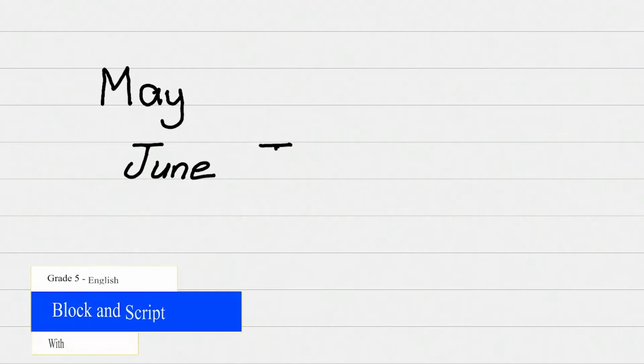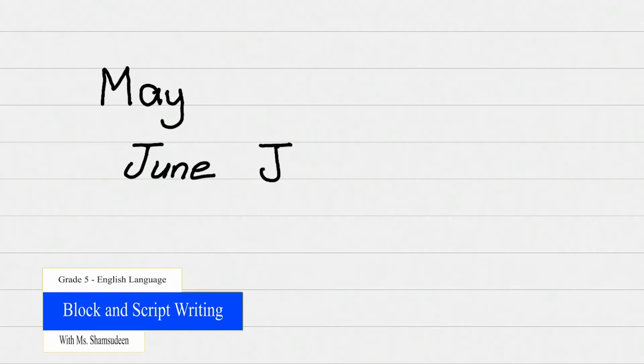You should try to ensure that all the other letters in the word also are slanted. So if you write straight up, like in the word July, all should be standing straight as well, so that there is uniformity.